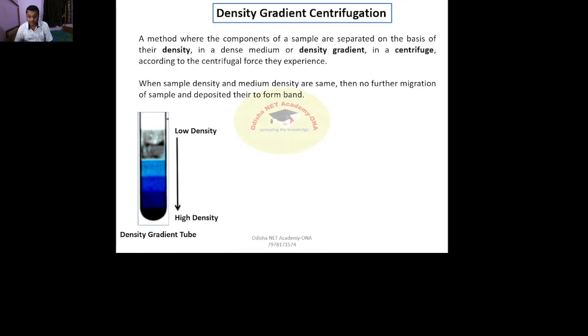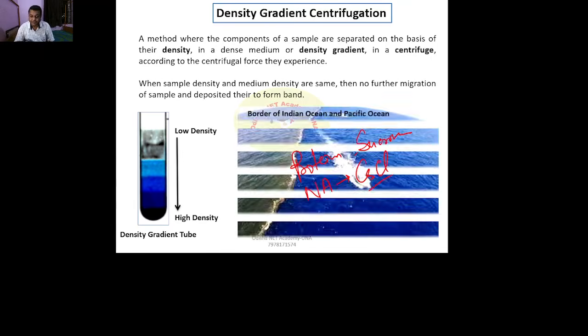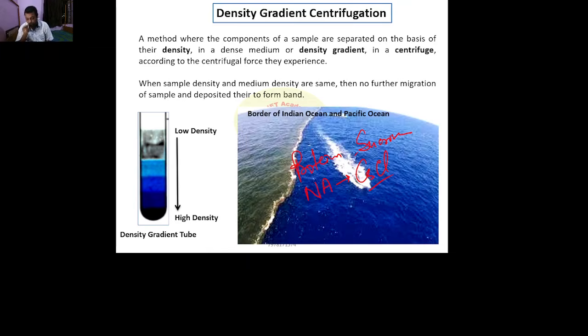For example, for protein we normally use a sucrose solution, sucrose density gradient, and for nucleic acid we use a cesium chloride density gradient. As we are discussing protein-protein interaction, you have to prepare the sucrose solution gradient. Cesium chloride is only for nucleic acid.